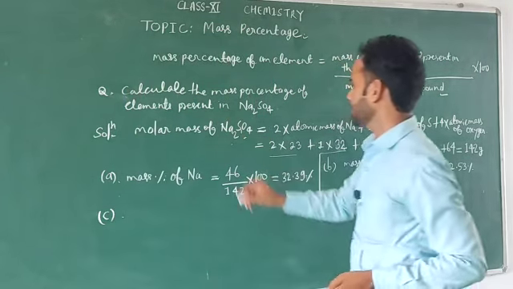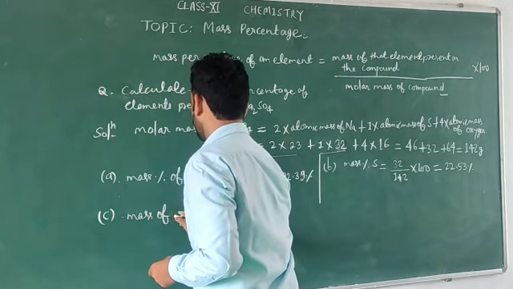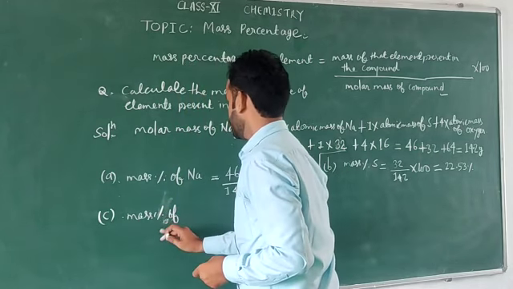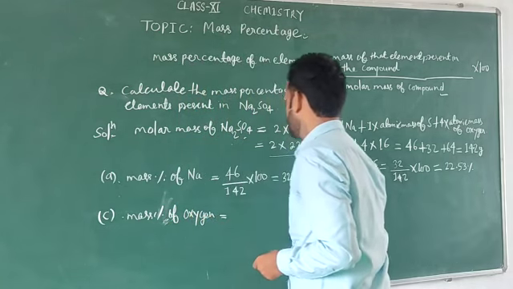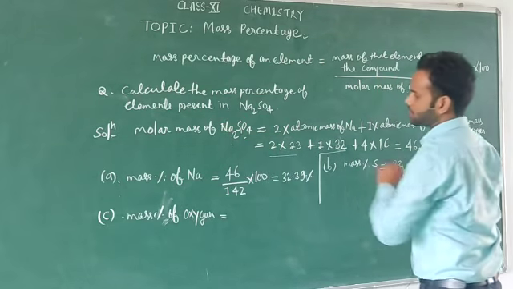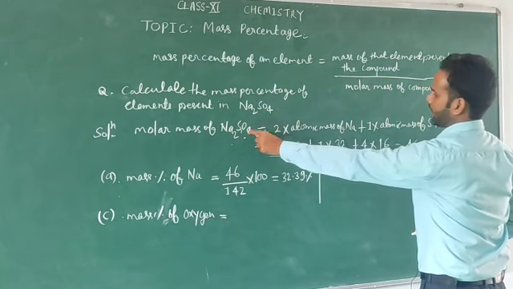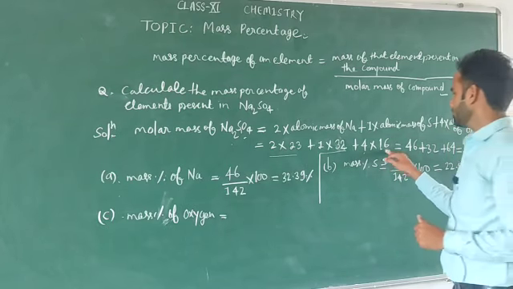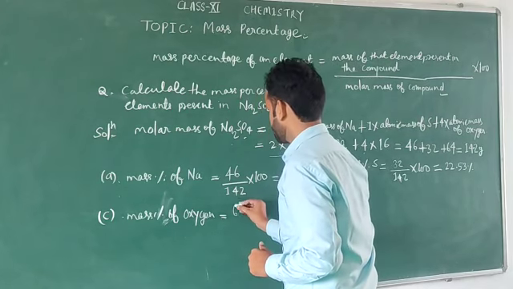Now the next one is the third element, oxygen. The mass percentage of oxygen will be the mass of oxygen present in this compound Na2SO4, that is 4, because 4 atoms are here, times the atomic mass of oxygen, 16. So 4 times 16 is 64.